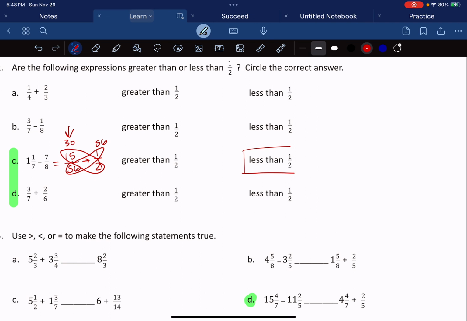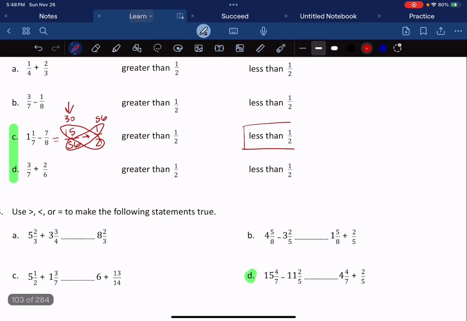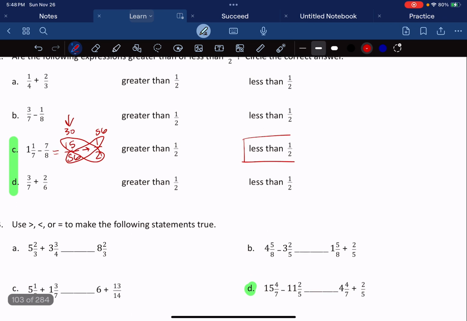And now I'm going to look at D, which is 3/7 plus 2/6. So I get 3/7 plus 2/6. Going to count by 6 and 7.